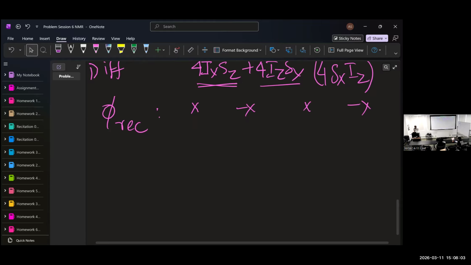Okay, what was the next one? We have previously shown that Ry of beta, I like to think about rotations in space to make sense of these formulas. Ry of beta, a rotation about the y-axis through an angle beta, is given by Rz90, Rx beta, R minus z90.